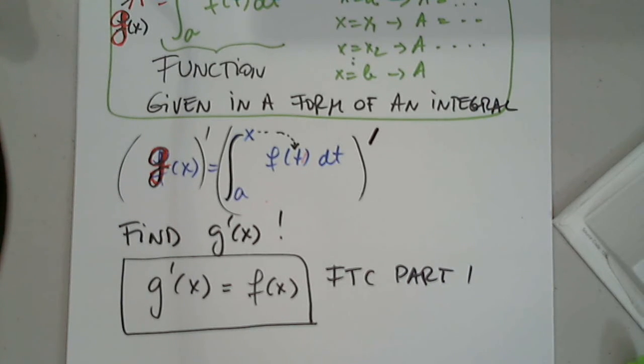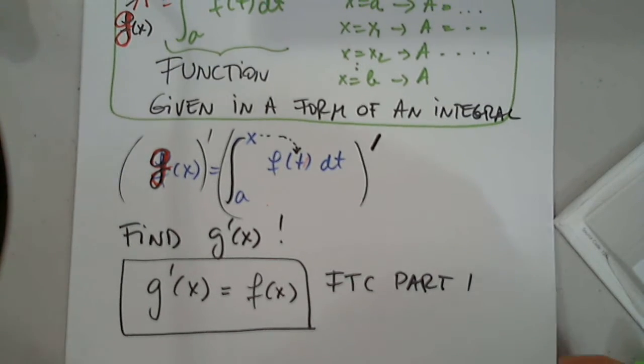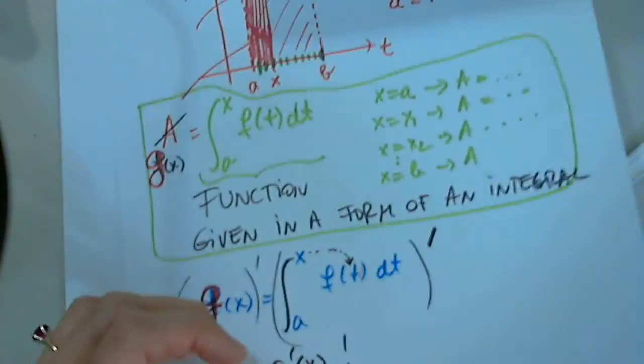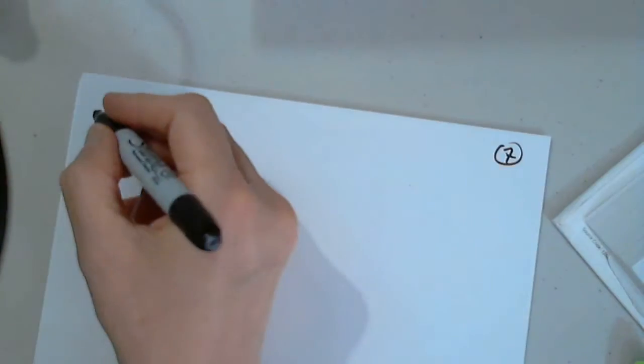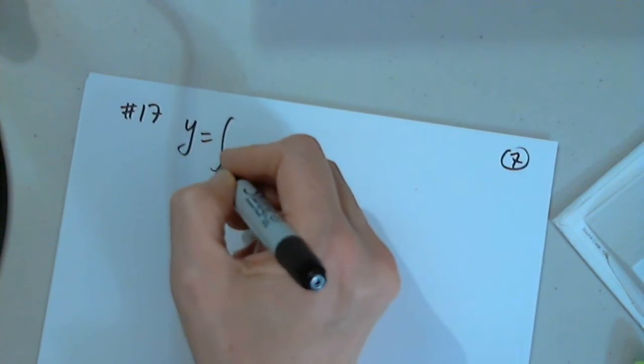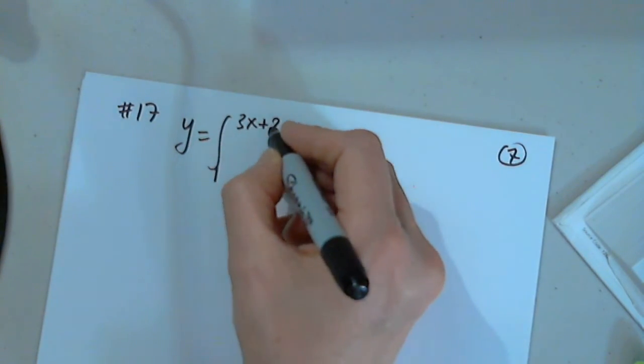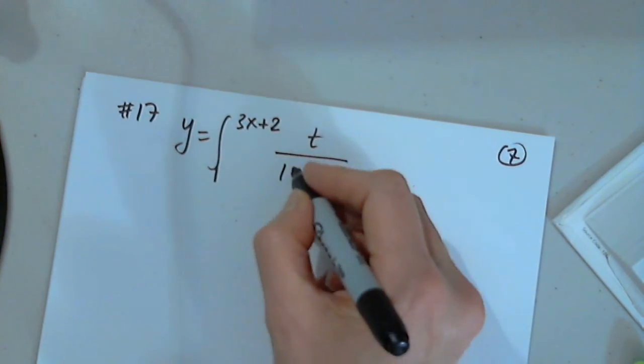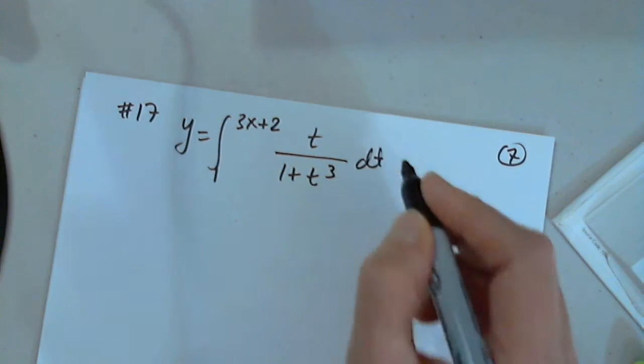About 17. 17 it is. Good, let me copy it and I'll stop sharing. So 17. y equals the integral from 1 to 3x plus 2 of t over 1 plus t to the third dt.